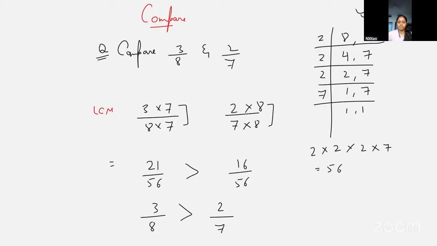Zoe, done writing? Actually, no, ma'am, just one second, I'm almost done. Yes, Hannah. Ma'am, after this, could you show us the proper way to write this in an answer?